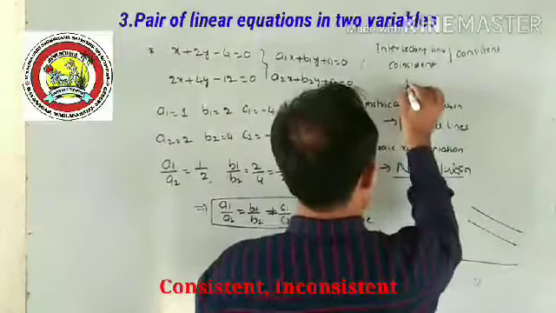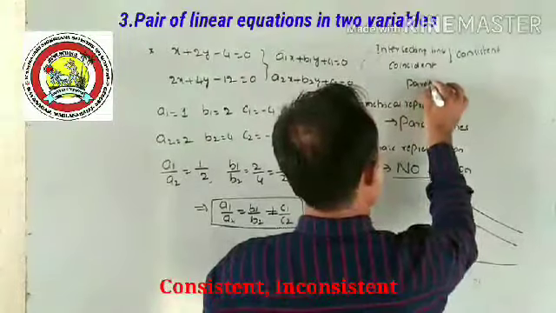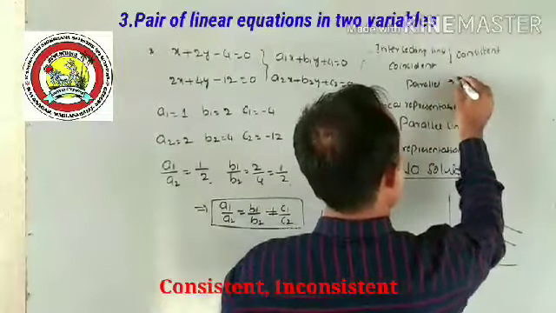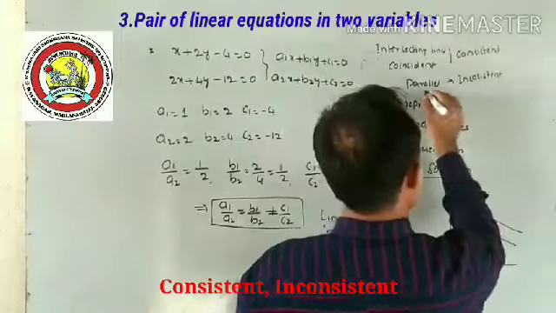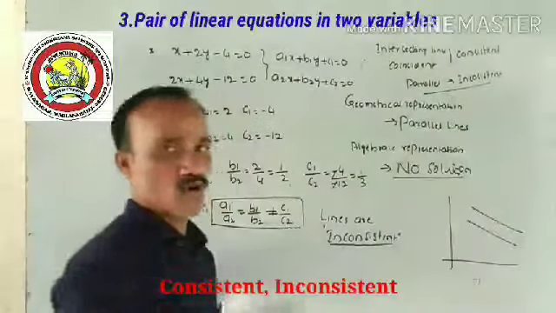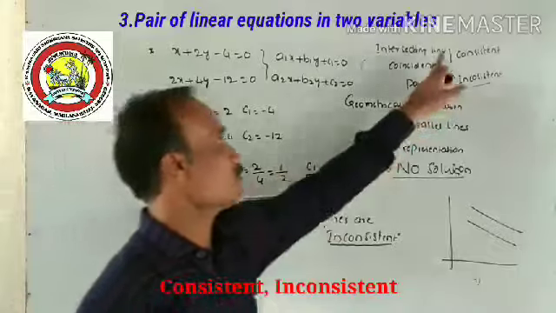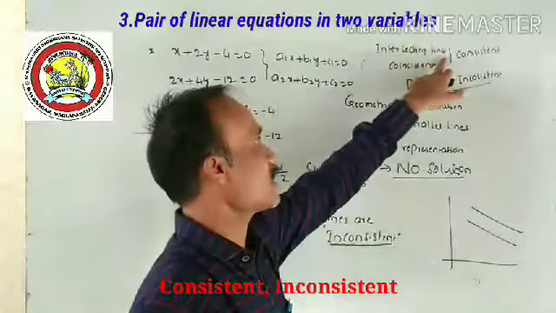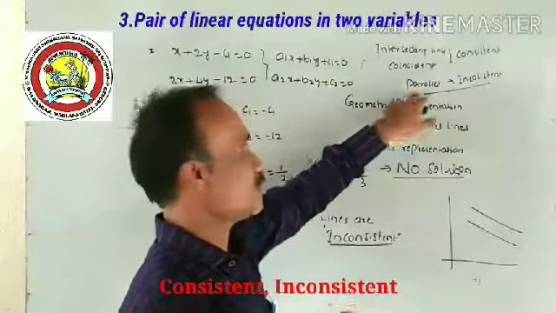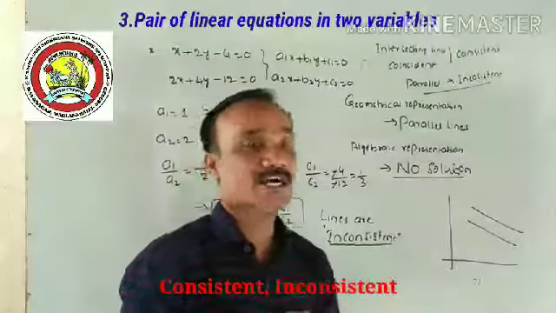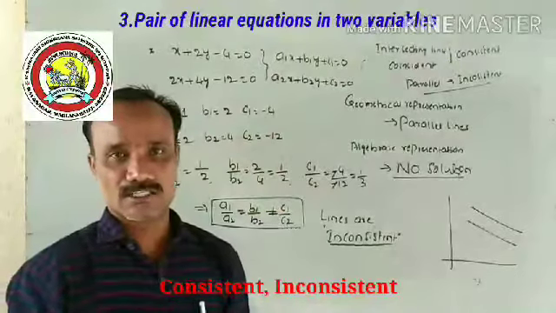Next, parallel, then you can say inconsistent. This is a very important point. Consistent means we have two cases: intersecting, exactly one solution, and coincident, infinitely many solutions. Parallel, no solution. The lines are called inconsistent lines.